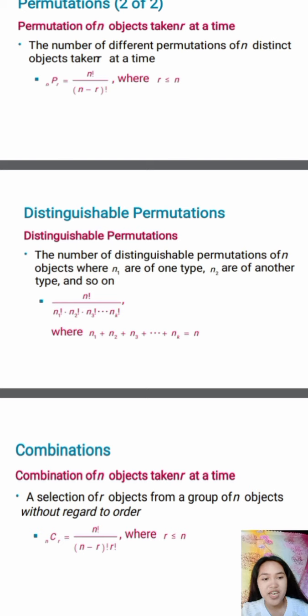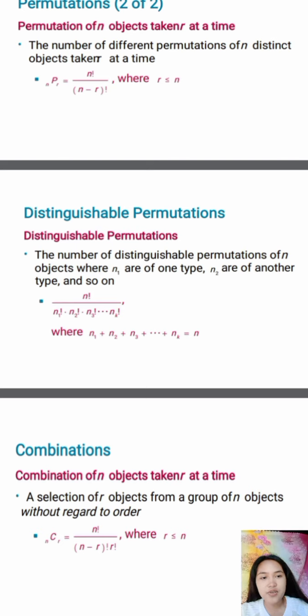So an example for this: a building contractor is planning to develop a subdivision. The subdivision is to consist of 6 one-story houses, 4 two-story houses, and 2 split-level houses. In how many distinguishable ways can the houses be arranged? There are 12 houses in the subdivision.